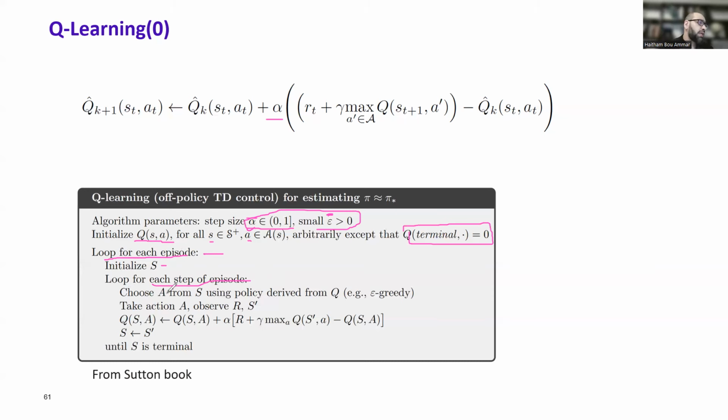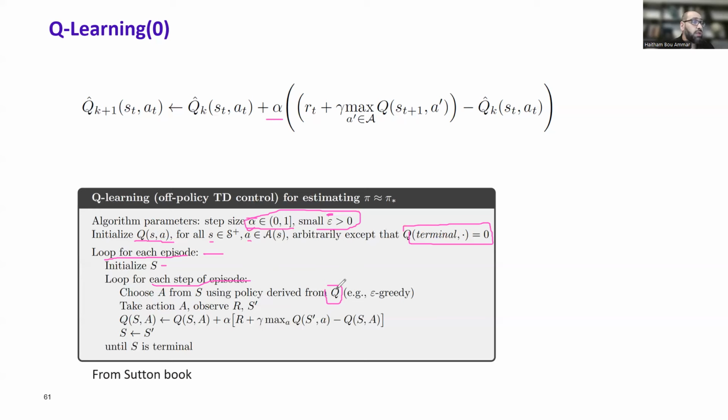Now we're going to pick an action from the state S using the policy from our Q estimate. Remember, we initialized the Q for every state action pair.